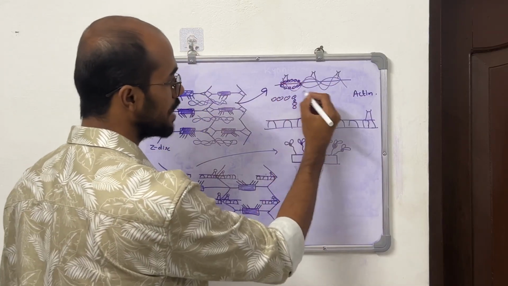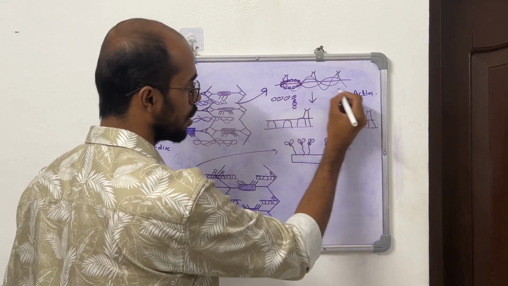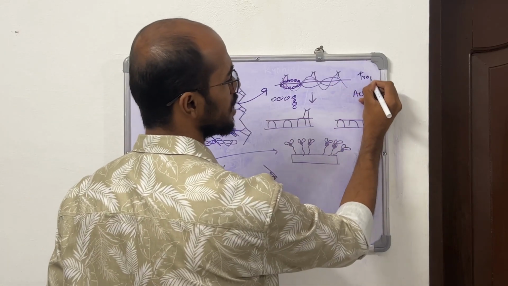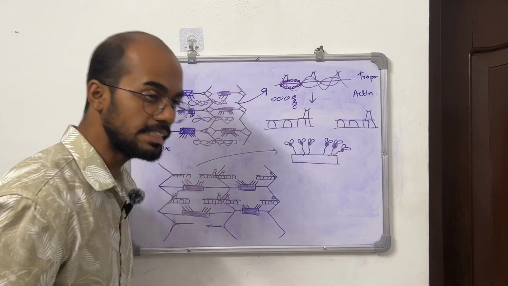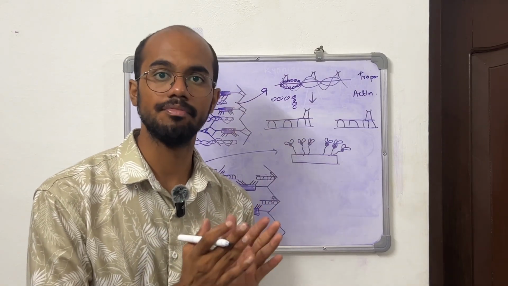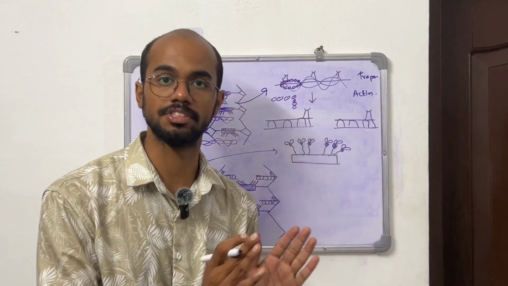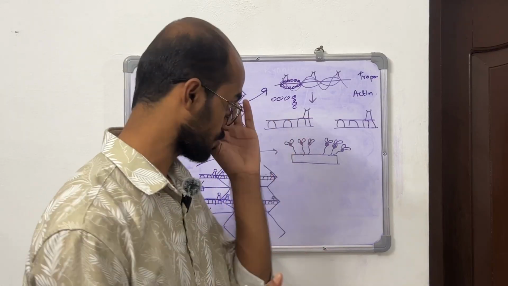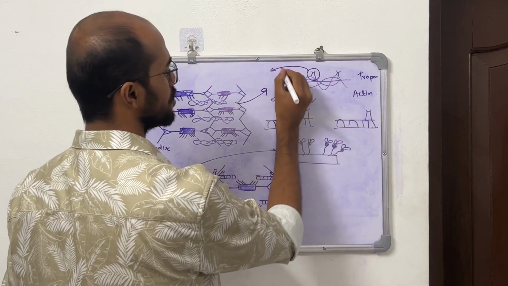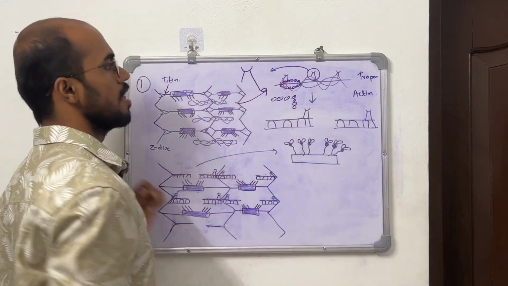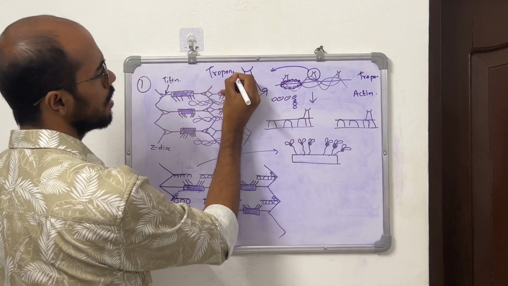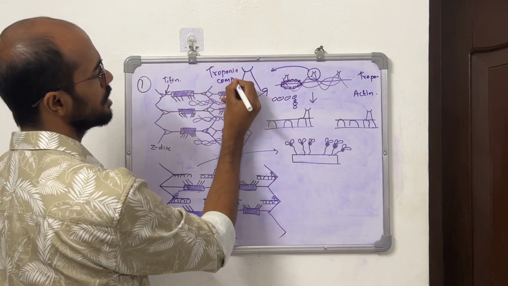You can also see a thread-like structure running through this, right? See, this one. And what was it called? It was called the tropomyosin. And what did it do? It made sure that the active sites of the actin filament are closed or masked, right? And what was this protein? This was our troponin complex, right? Why was it called the complex?